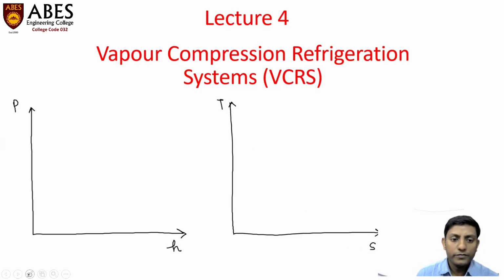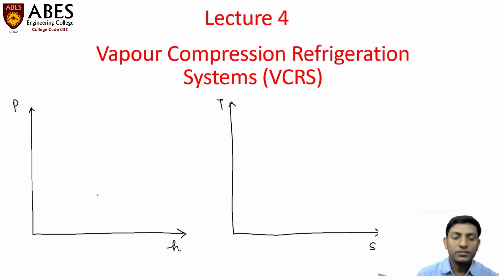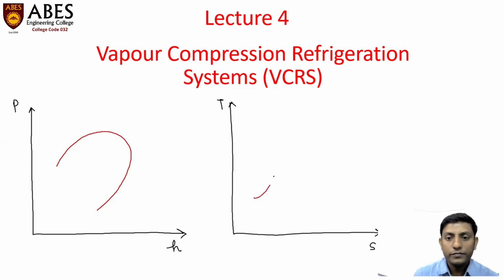I'm sure you are familiar with two-phase regions. On the pH diagram, the two-phase dome is represented by this curve, whereas the corresponding two-phase region on the TS diagram is represented by this bell curve.